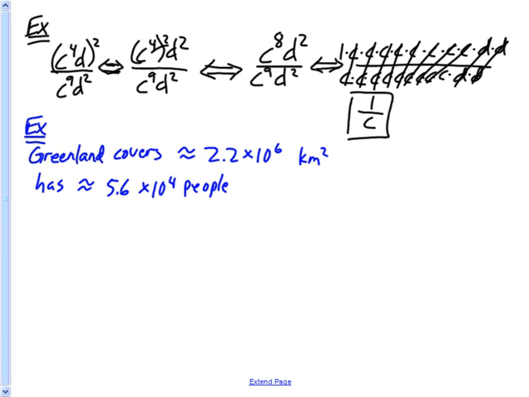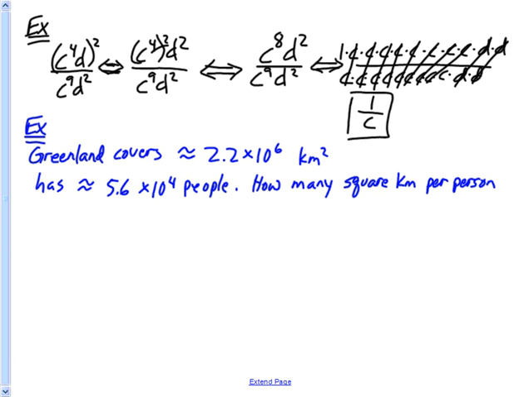This was a few years ago. About how many square kilometers are there per person?